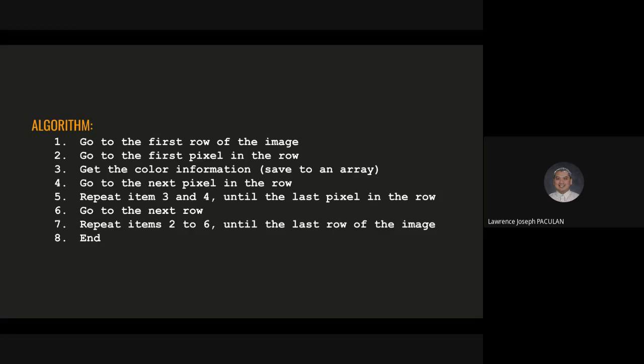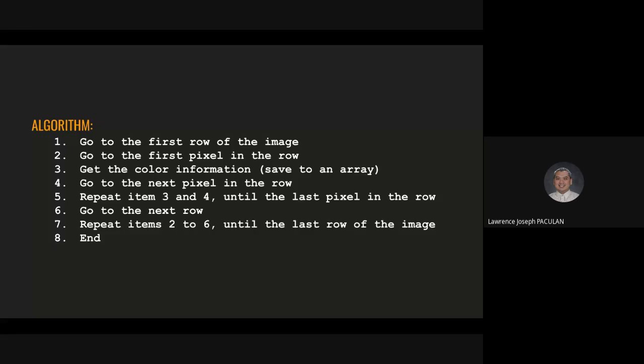And then after that, we go to the next pixel in the row. We repeat items 3 and 4, meaning getting the information, saving it to an array, and then going to the next pixel in the row until we reach the last pixel in that particular row, in which case we go to the next row.